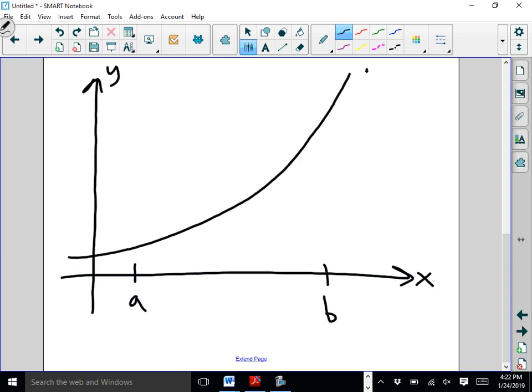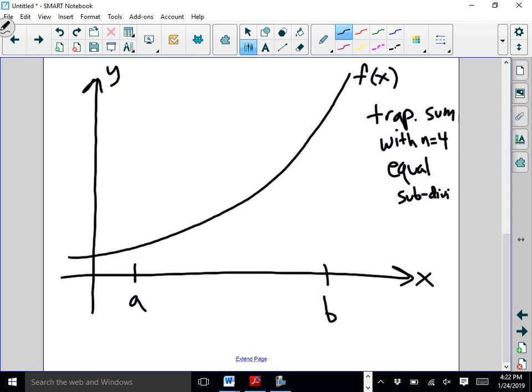Okay, so let's do a trapezoidal sum here with n equals 4 equal subdivisions. Okay.